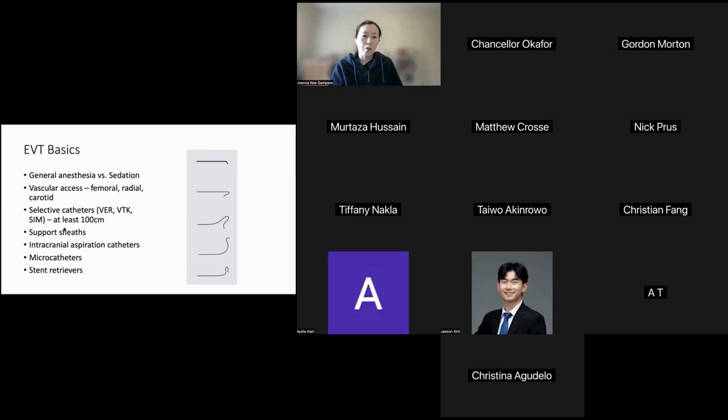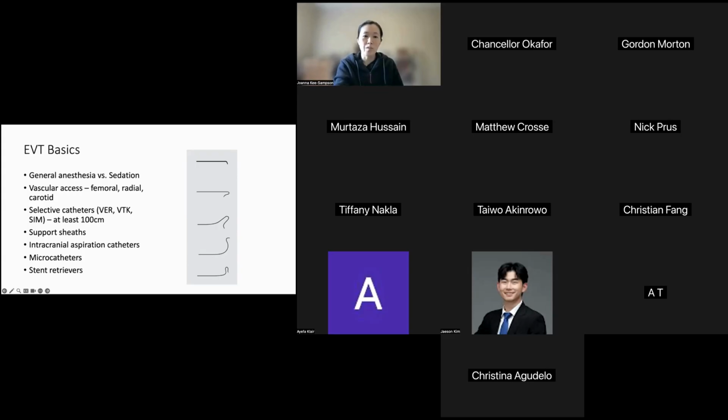Selective catheters. All of the catheters that we use for stroke thrombectomy have to be fairly long, at least 100 centimeters. And you'll notice that a lot of these are reverse curve catheters, meaning that they have 2 curves on the catheter tip, a primary and a secondary curve, and the 2 curves curve in different directions.